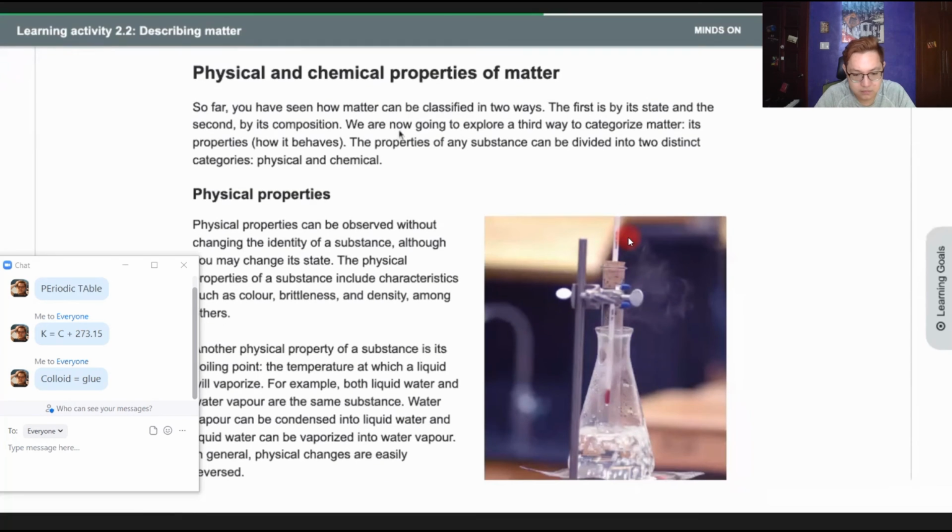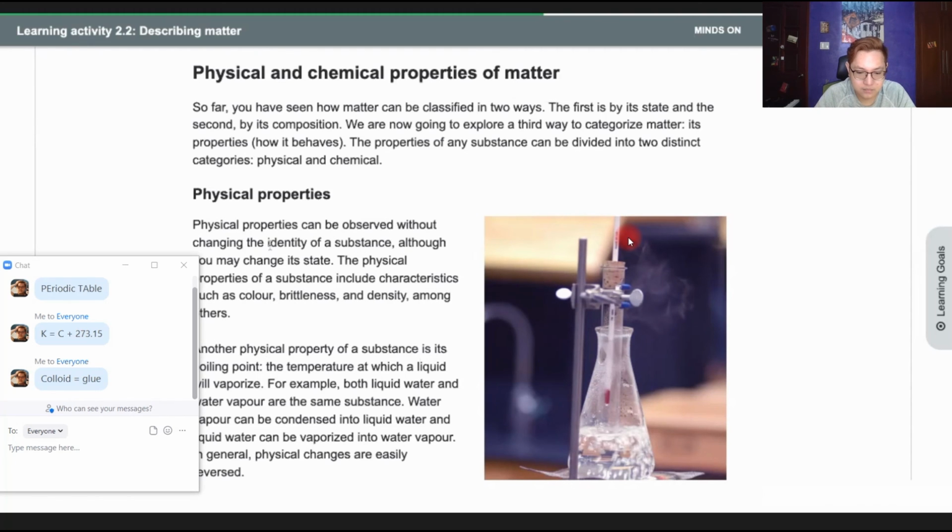So far, you have seen how matter can be classified in two ways: by its state, and by its composition. We are now going to explore a third way to categorize matter: how it behaves. The properties of any substance can be divided into two distinct categories: physical and chemical. A physical property can be observed without changing the identity of a substance.